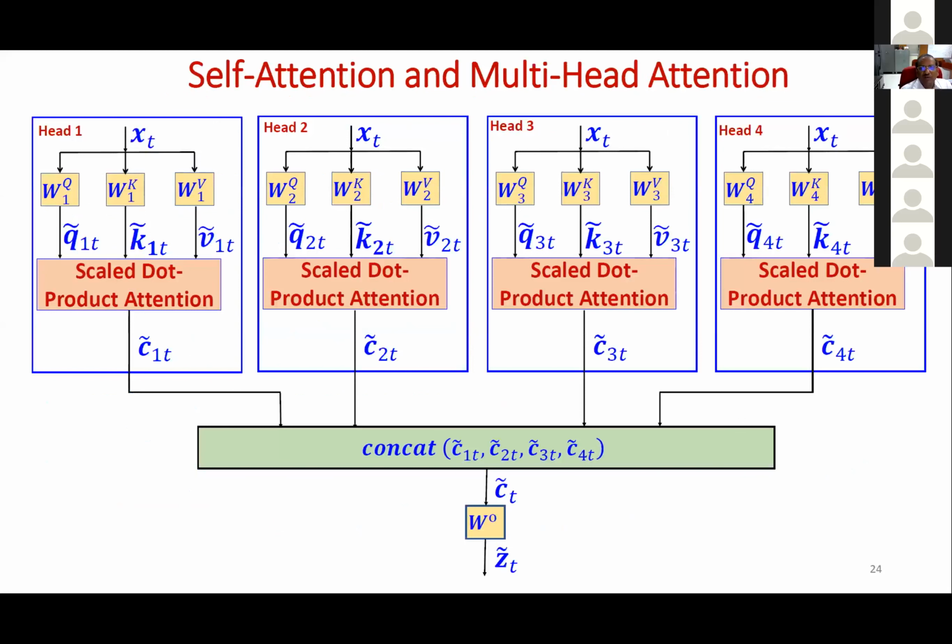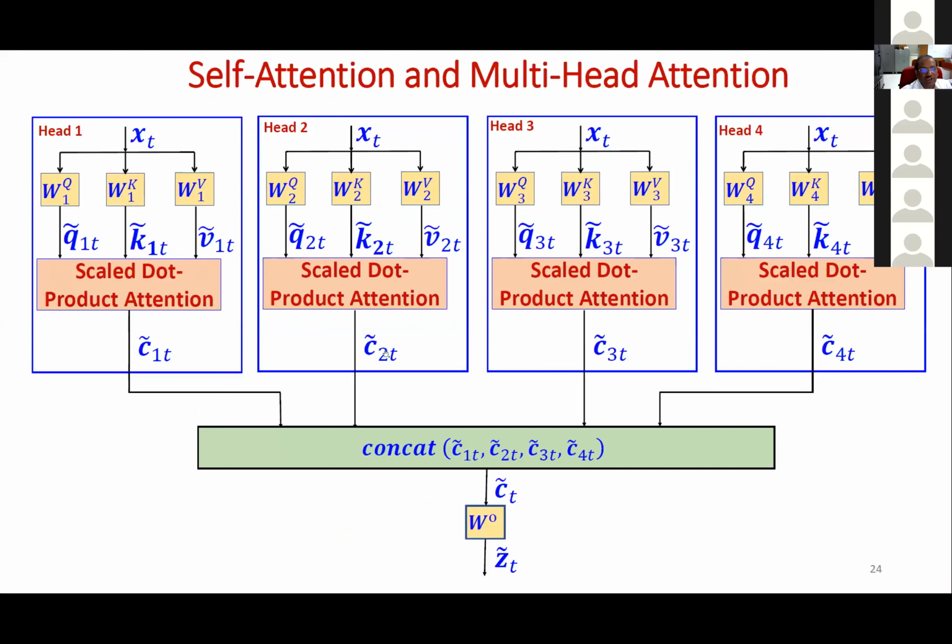Again, whatever we discussed so far is what I'm showing you here pictorially. What is shown here is the operations done using one head. For head 1, I take xt, then multiply it with the corresponding transformation matrices to generate the corresponding Q vector, K vector, and V vector. Then we perform the scaled dot product attention and generate the context vector.